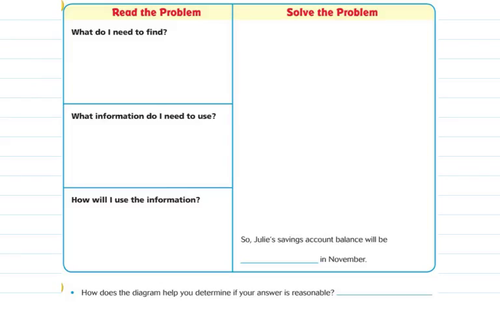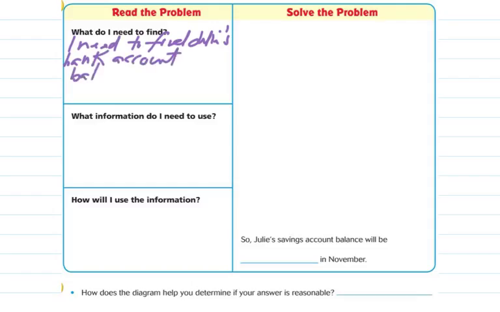So it says, what do I need to find? What we need to find is I need to find Julie's bank account balance in November. And next it says, what information do I need to use?